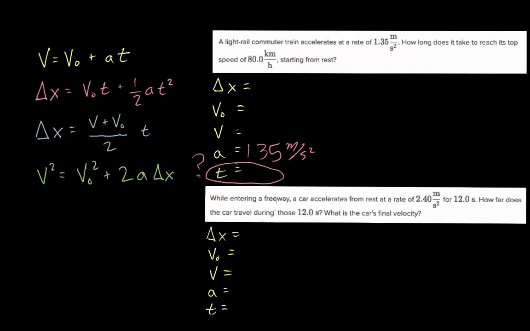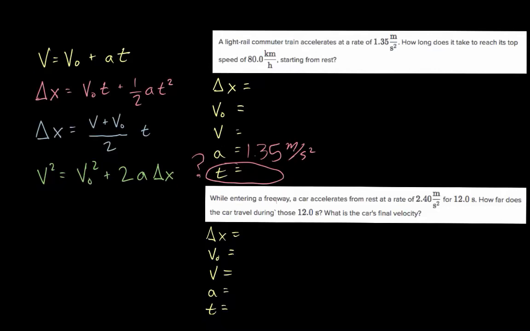All right, so if we keep going here, we get, how long does it take to reach its top speed of 80 kilometers per hour? So that's saying its top speed is 80 kilometers per hour. When it's done speeding up, it'll be going at 80 kilometers per hour. So that's the final velocity, or just our velocity at the time here.